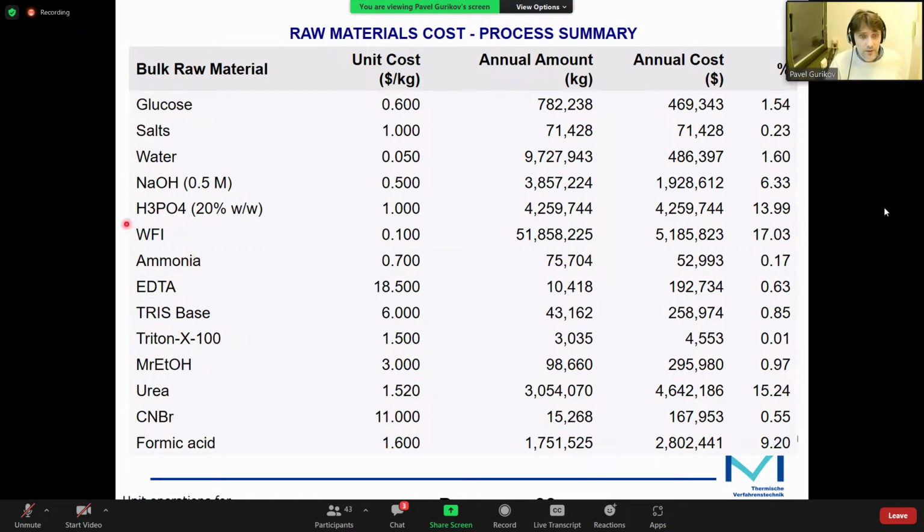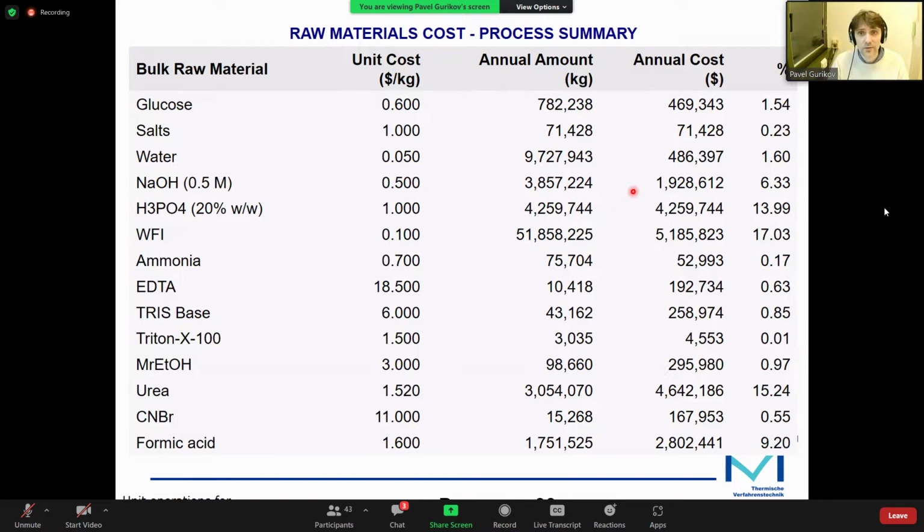Here I combine water for injection and for all the steps, but exclude standard water for cooling, for example, and phosphoric acid. That's quite interesting, and actually a good sign because you use chemicals which are very inexpensive.